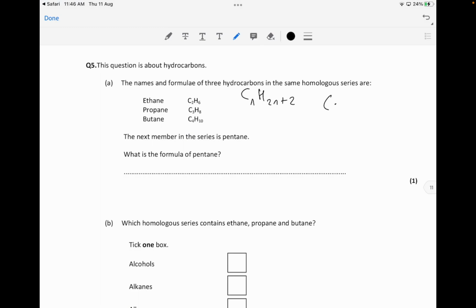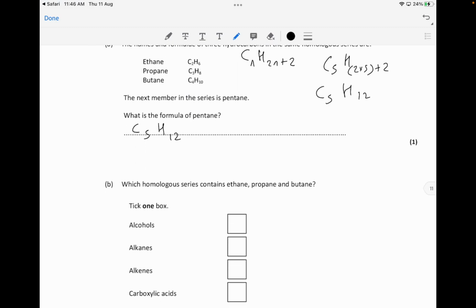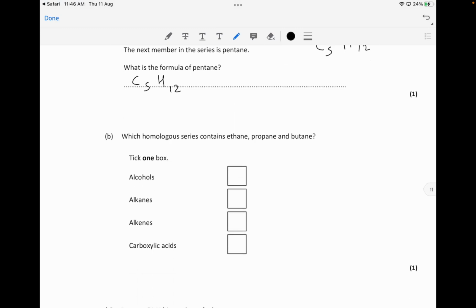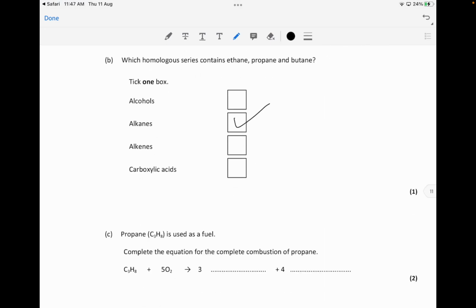So you have carbons about 5, so H is 2 times 5 is 10, plus 2, C5H12. That's going to be your formula because it's part of the homologous series. These are alkanes, because it's ethane. Now, which homologous series contains ethane, propane, and butane? This is going to be alkanes, so you're going to take that option. Let's move on to the next question.